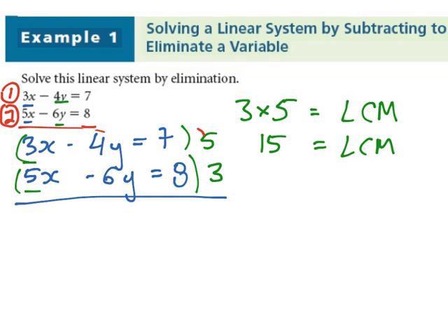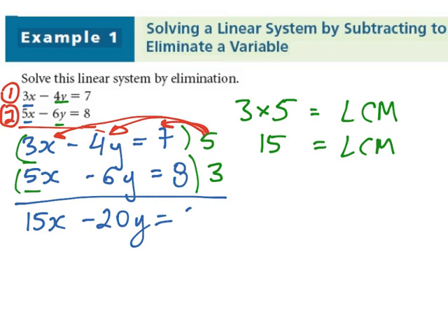When we multiply, each and every term has to be multiplied by this 5. So the first equation becomes 3 times 5, which is 15x. Don't forget the x. Negative 4 times 5 is negative 20y. Don't forget the y. And 7 times 5 is 35.